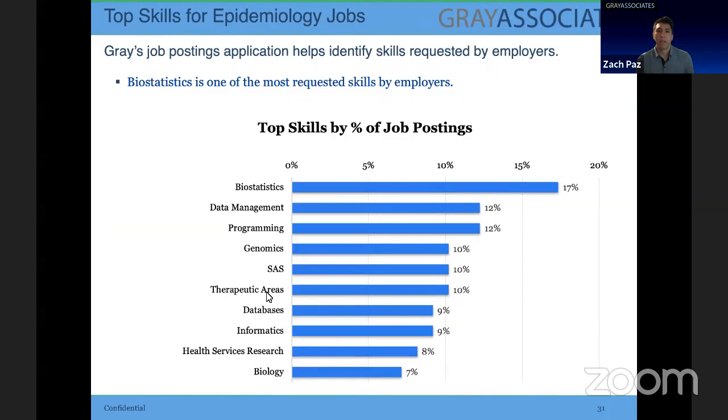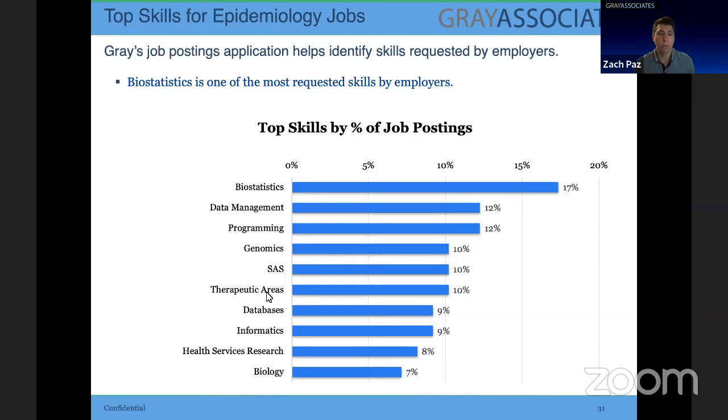One other thing we can really pull from this is the top skills that the employers are looking for. So based on the same search for epidemiology in the job posting, we're able to then identify what skills are also most requested. Biostatistics, data management, programming are the top 3.